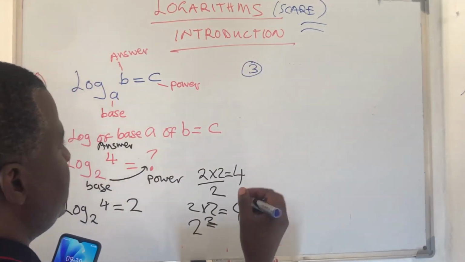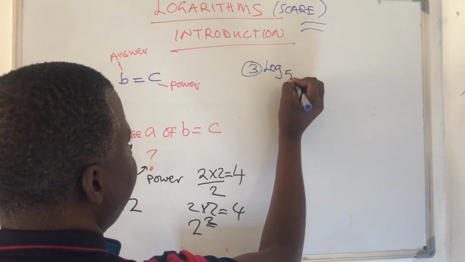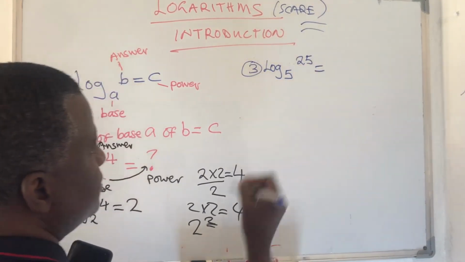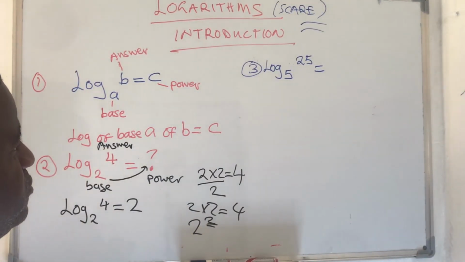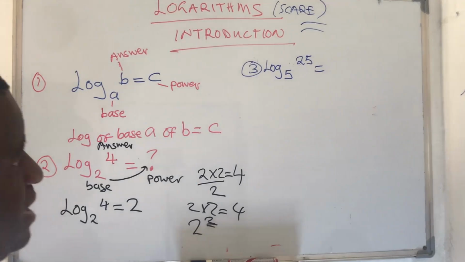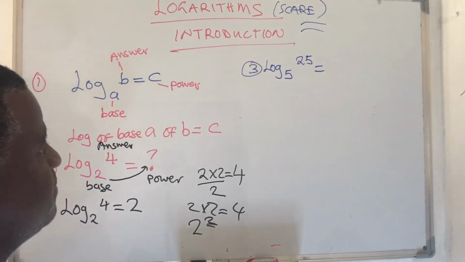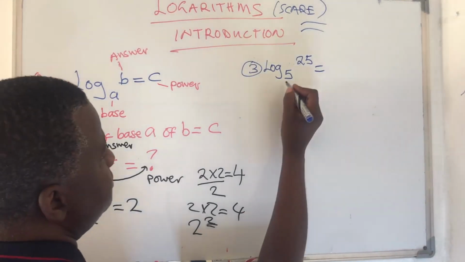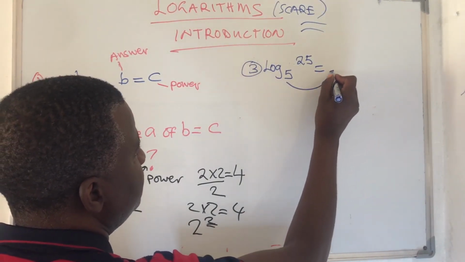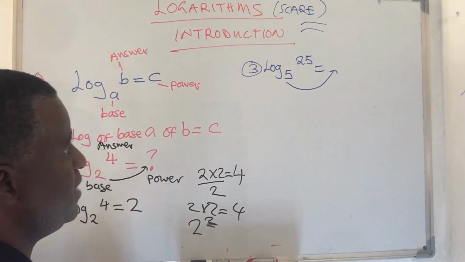Okay, so let's say we have log of base 5 of 25. How would you solve that? You can just try it out. I'll give you a minute or so to just try it out. So what you are saying is you are asking yourself, how many times should I multiply 5 for me to get 25?